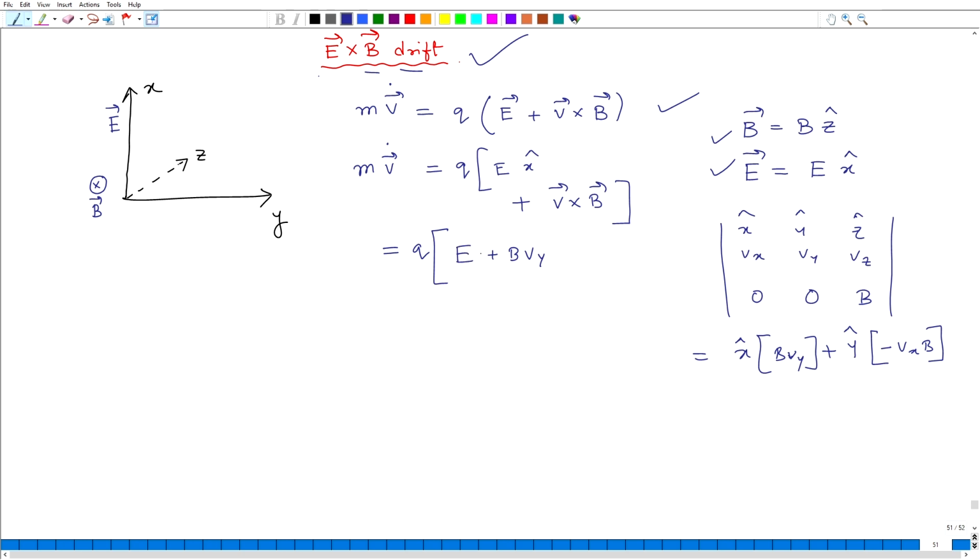So, m v dot equals q times (E plus v y B) times x cap, minus v x B y cap.